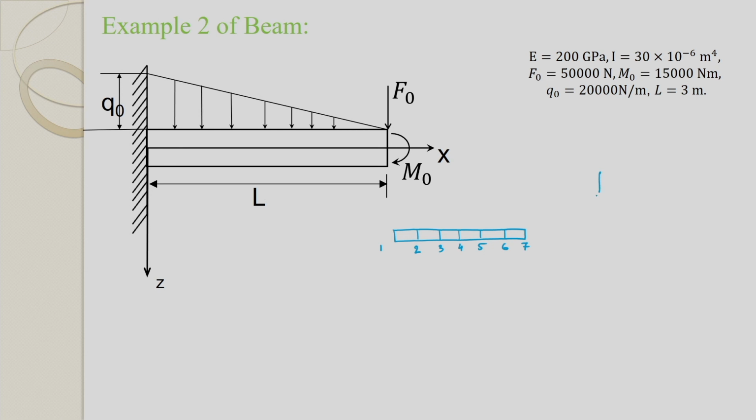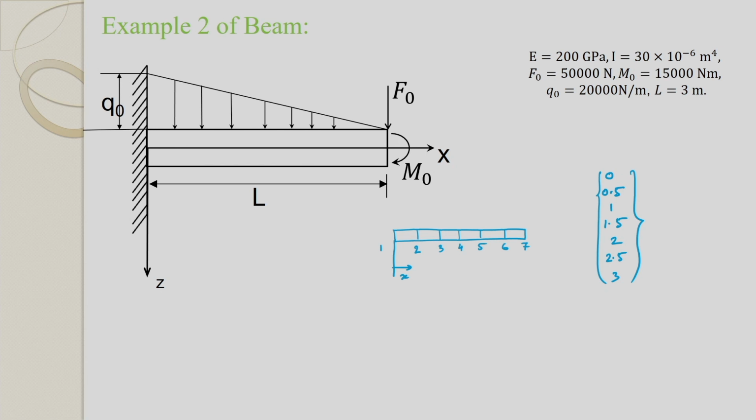So, our nodal coordinates are starting from 0, 0.5, 1, 1.5, 2, 2.5, 3. So, this is our new coordinate matrix.